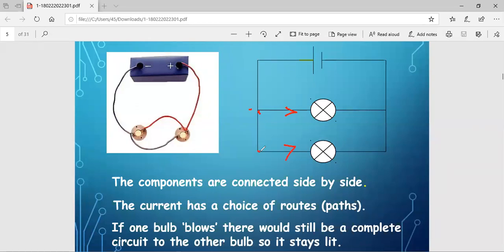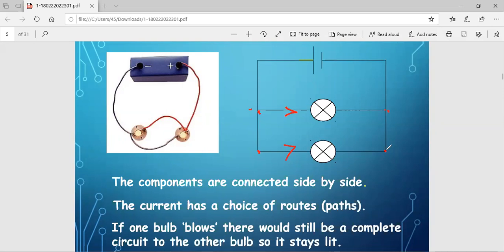But here you are connecting them side by side, this side is connected with this side, so every two sides are connected with each other. For this reason we call them side by side.